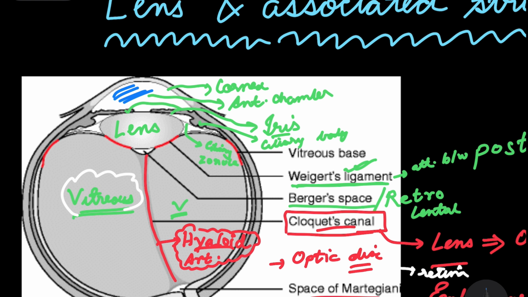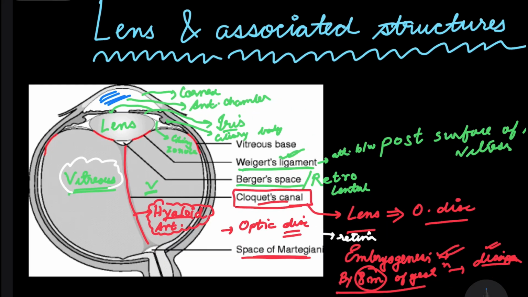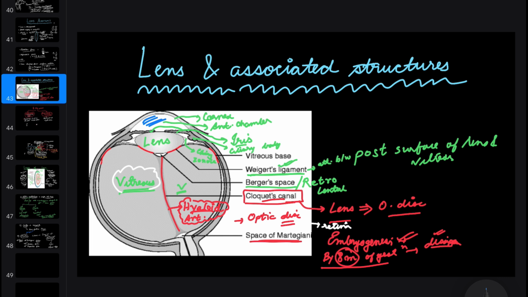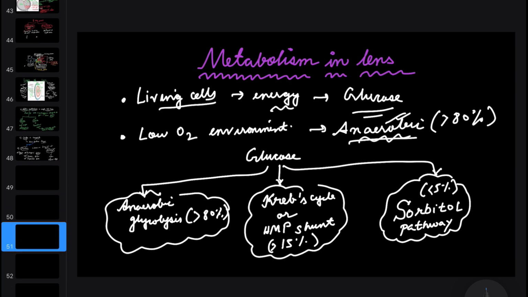Aqueous is a watery fluid which is secreted by the non-pigmented epithelium of the ciliary body, right? We all know this. We have already talked about that. One of the functions of the aqueous, if you remember, was transportation of different metabolites. So it acts as the conduit, the way that glucose is transported to the lens.